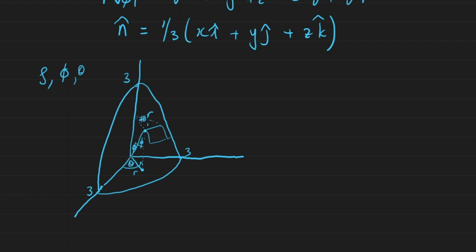And we know now that that length is going to be r d theta. And of course, the length of that line is rho, and the angle is phi. So this length of the surface area element is actually rho d phi. So the surface area element is actually r d theta multiplied by rho d phi.